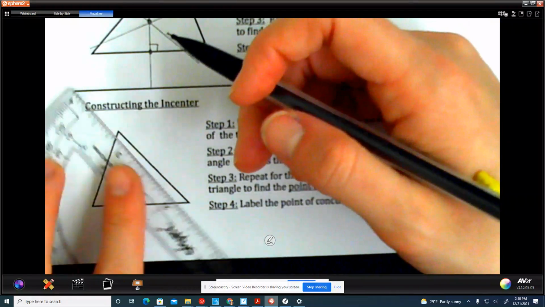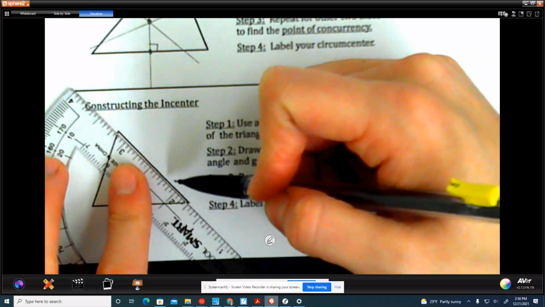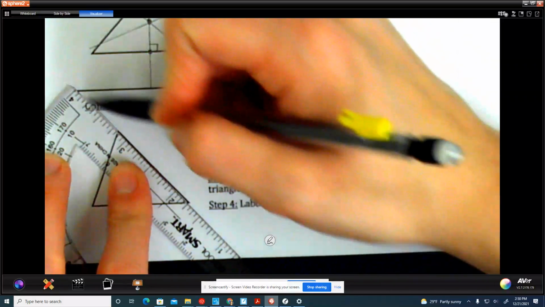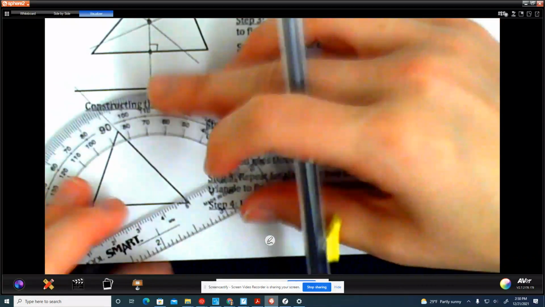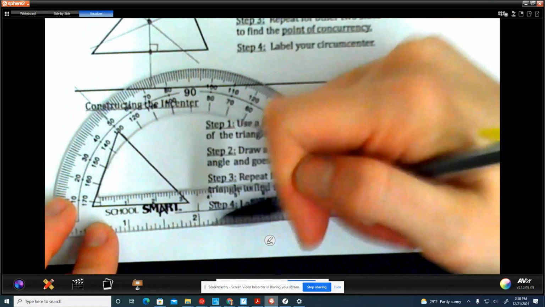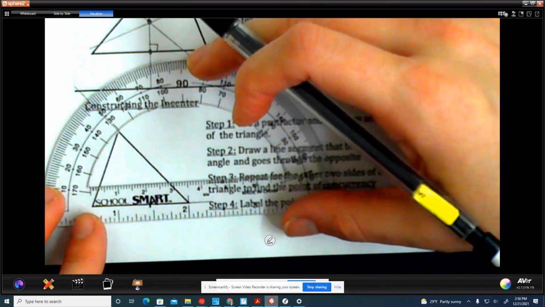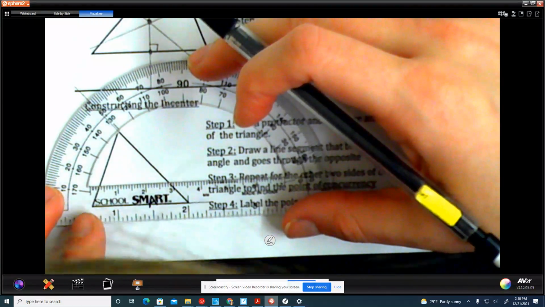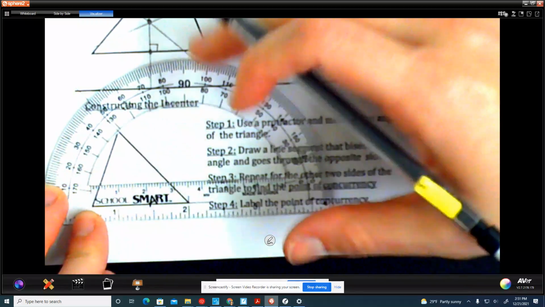I know this triangle isn't labeled. You can label it ABC if you want to, but I'm going to extend this line a little bit. It's easier for me to use my protractor by putting this little cross piece at the vertex. And it looks like it's about maybe 48 degrees.